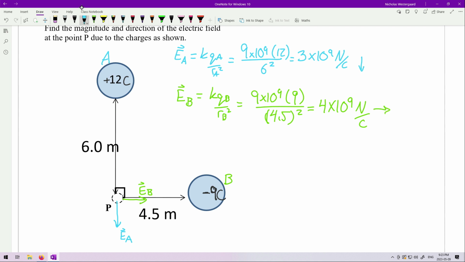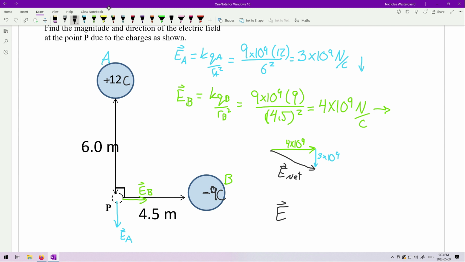My end result, if I drew it this way, is 4 times 10 to the 9, 3 times 10 to the 9, and this is E net, our net electric field.